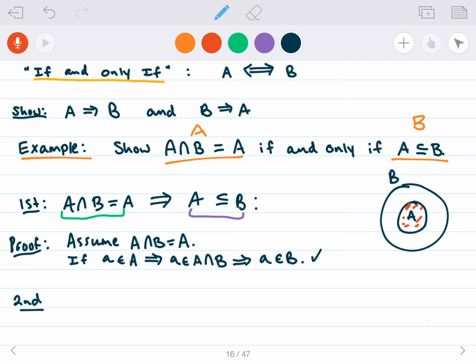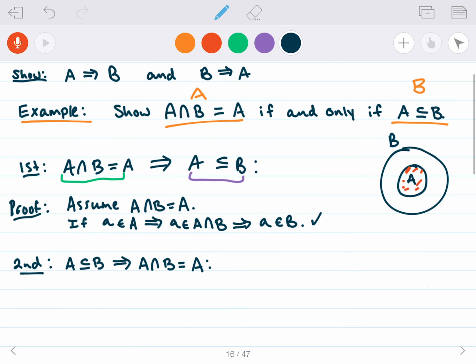So the second direction we're going to show is that A being contained in B is going to imply that A intersect B is equal to A. Okay, so let's show this. Again, we're going to assume the premise here that A is contained in B, and we want to show that it implies A intersect B equals A. So suppose that A is contained in B. What does that mean?